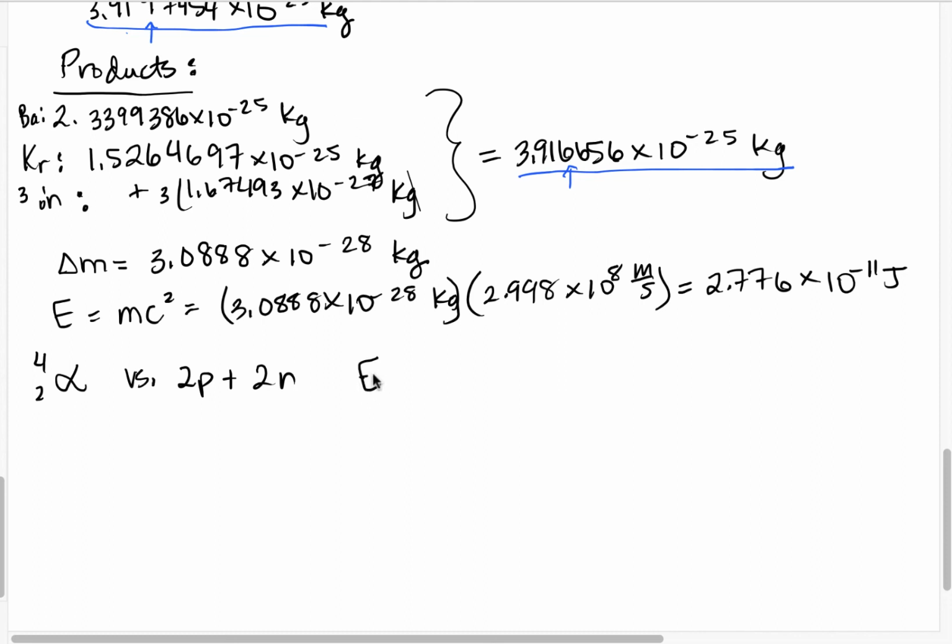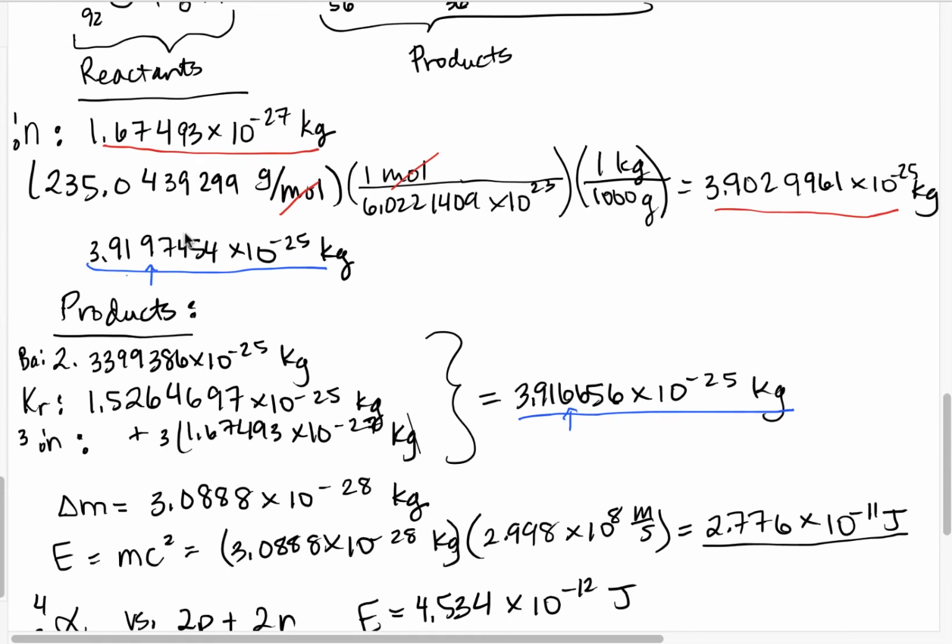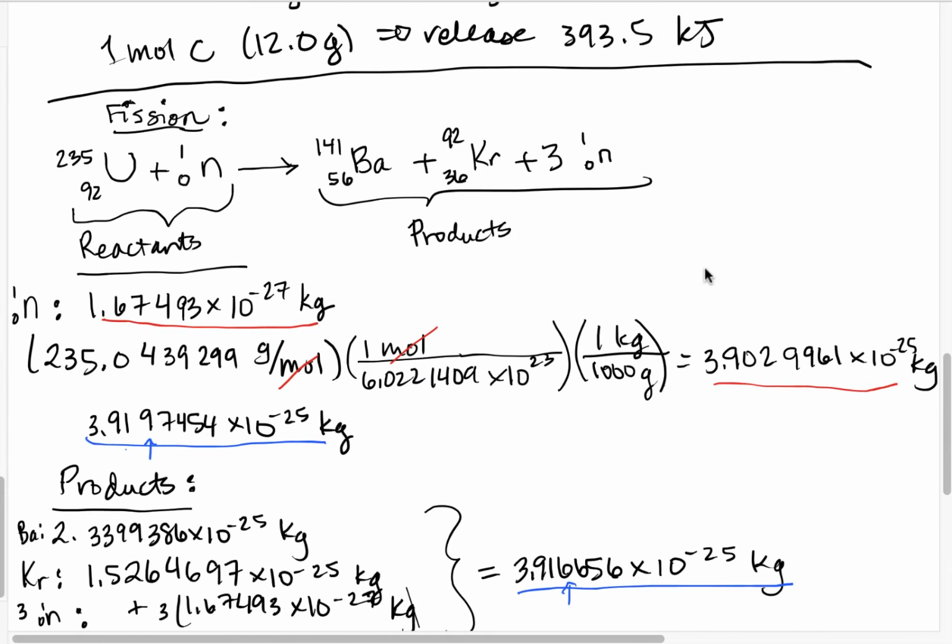We got an energy difference from this mass defect of forming the alpha particle of 4.534 times 10 to the minus 12 joules. So this is a significantly bigger amount of energy, and it shouldn't be too surprising then that this reaction is one that is used for producing electricity.